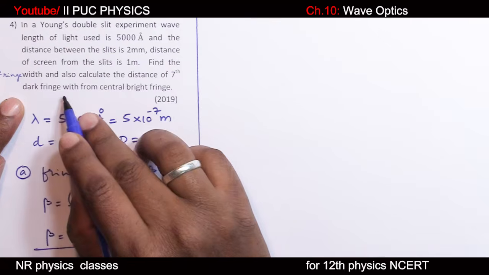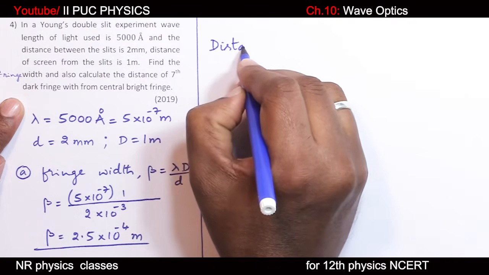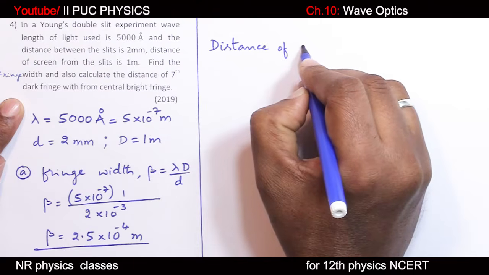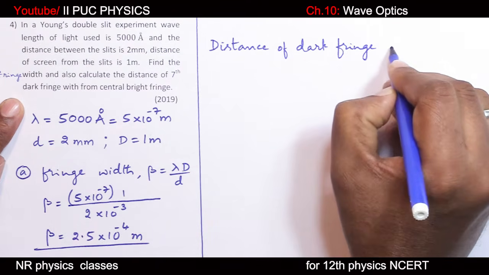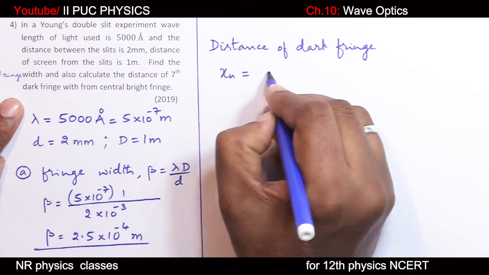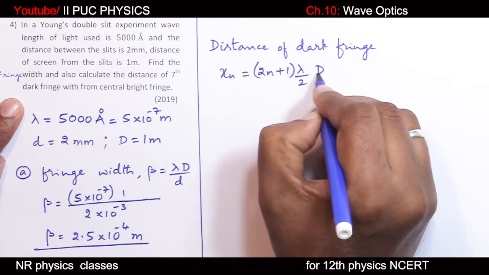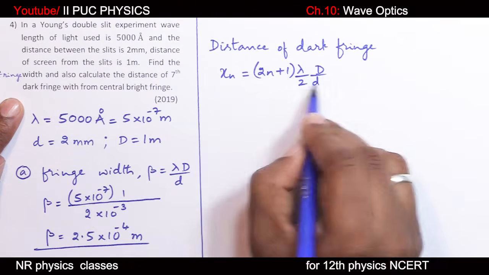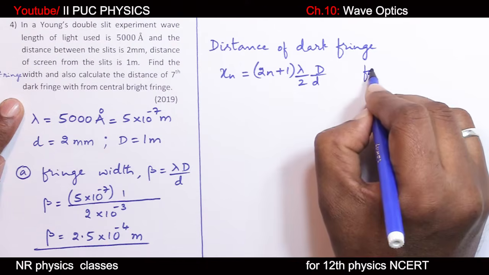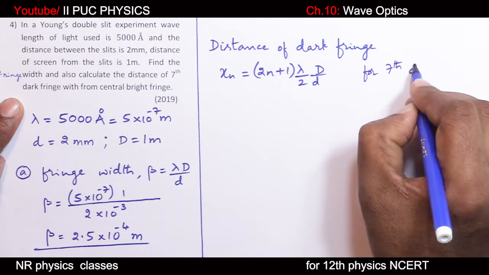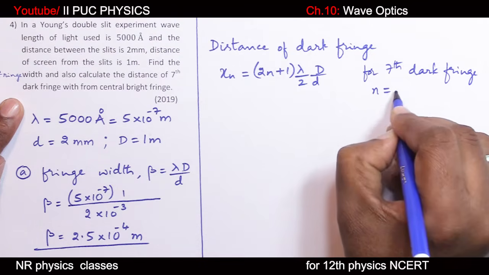Distance of the seventh dark fringe is (2n plus 1) lambda by 2 capital D by small d. For the seventh dark, n equal to 6.